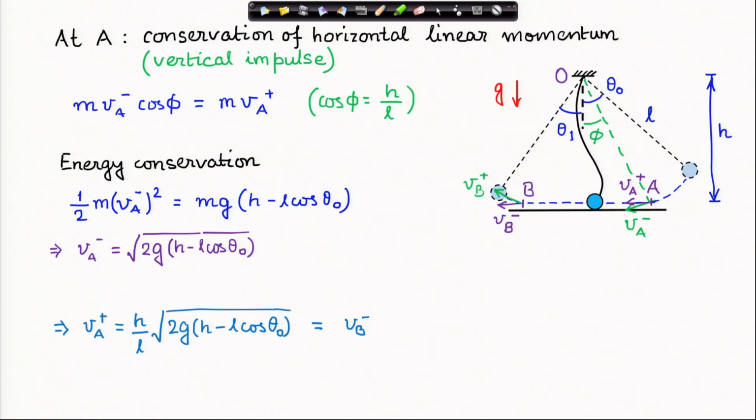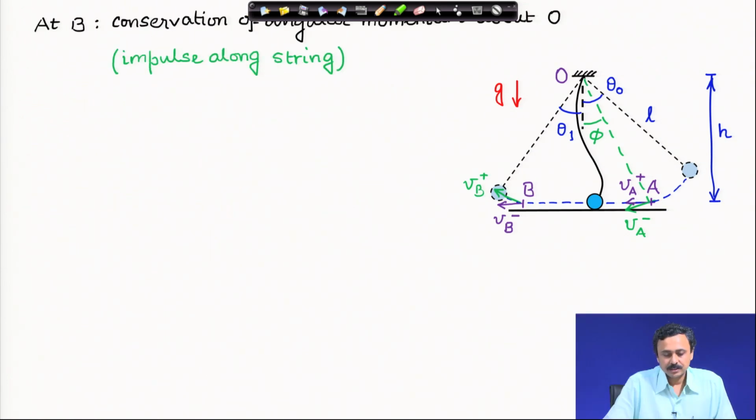Let us carry forward. At B, now, the string suddenly gets taut, and this suddenly getting taut gives an impulsive force because of the string tension, and as a result you will notice that the velocity direction suddenly has changed. It was moving in a straight horizontal path.